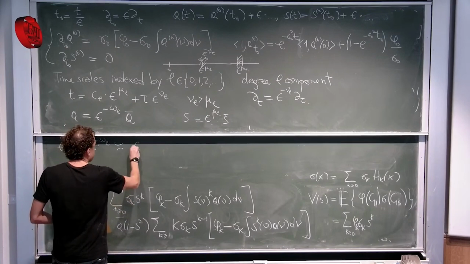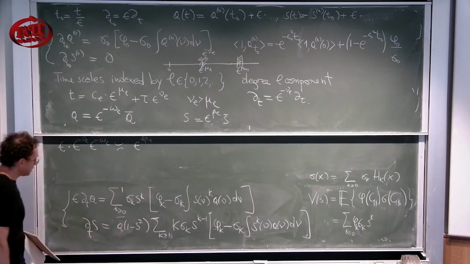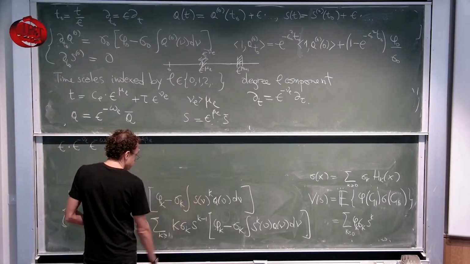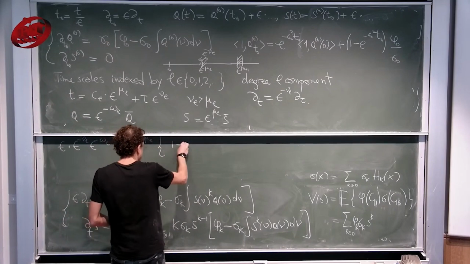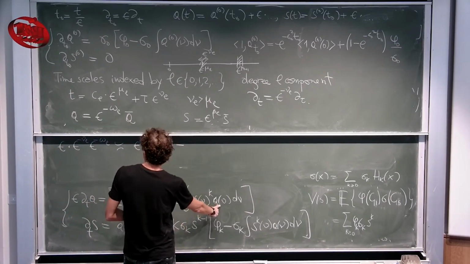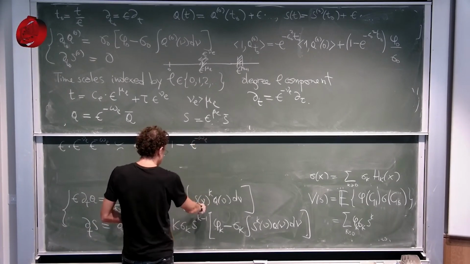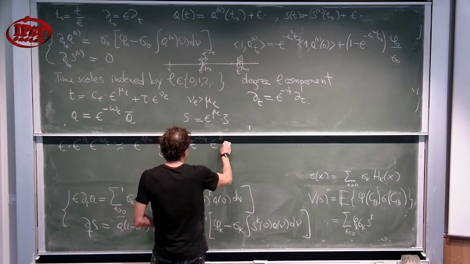So this will be epsilon to the L beta L, right? And this guy must be of order 1, so let me write it as 1 minus A, that is epsilon to the minus omega L, and then S to the L, epsilon to the L beta L.